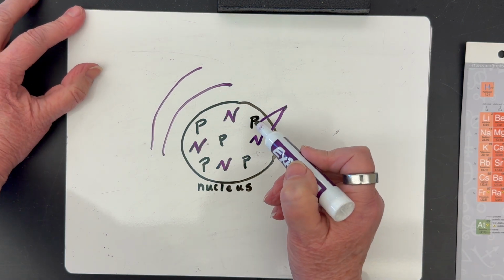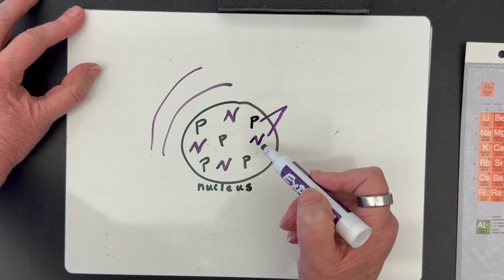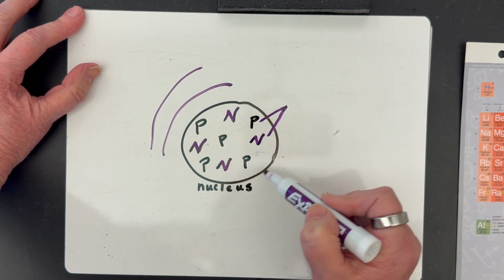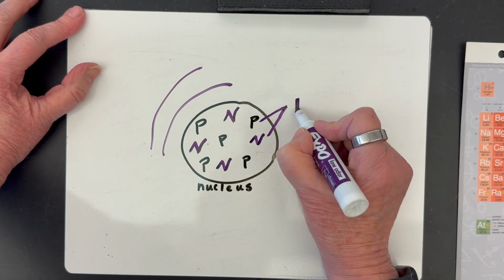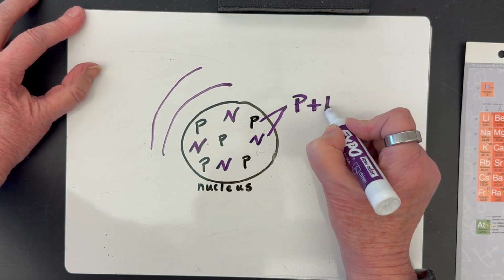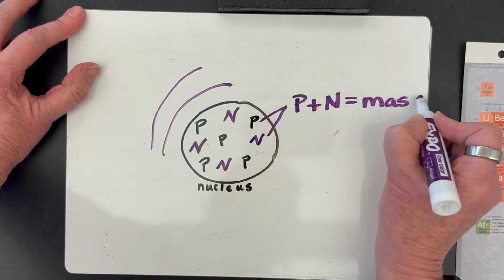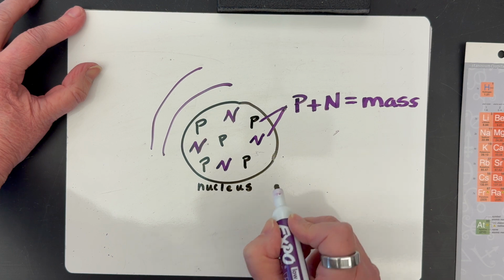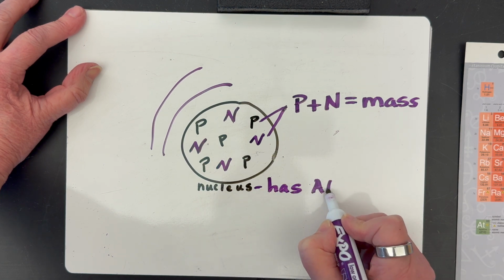Each proton weighs 1, and each neutron weighs 1. So the things that have mass are in the nucleus. Remember, protons plus neutrons equals mass. So the nucleus has all the mass.